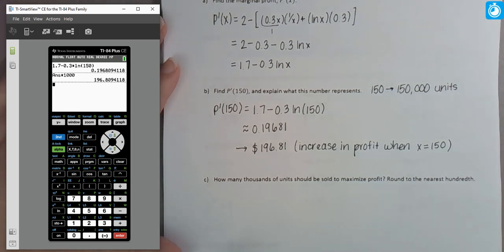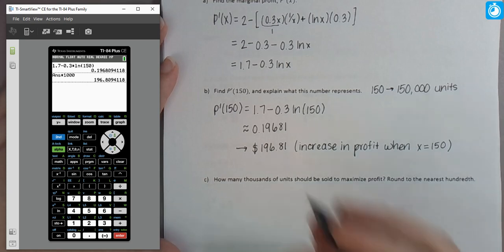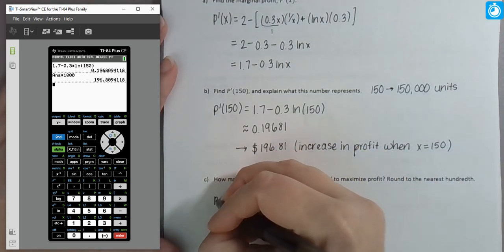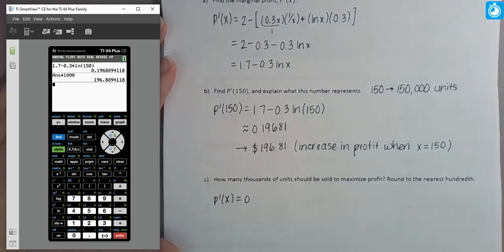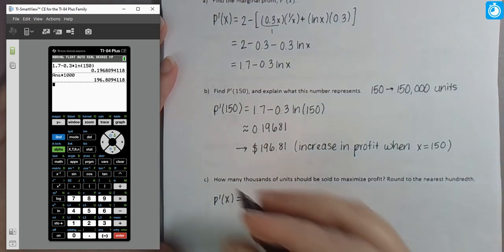So remember, we're looking for critical values, those x values where either the derivative evaluates to 0 or the derivative is undefined. And then based on what we see around those critical values, that tells us whether we have a maximum or a minimum. So we want to let our derivative be equal to 0 to find our critical values.